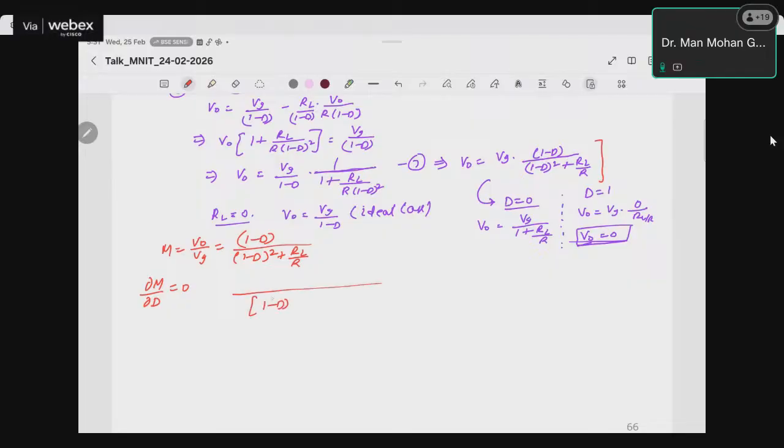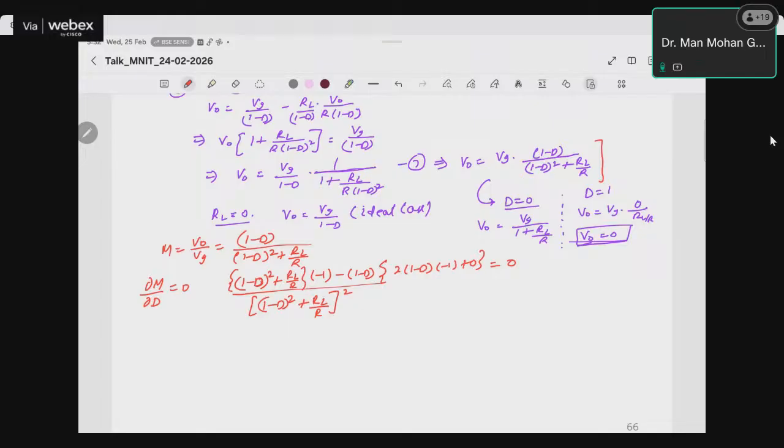So the denominator is 1 minus D square plus RL upon R, whole square. In the numerator, the differentiation of 1 minus D is minus 1, then minus 1 minus D into the differentiation of the bottom term, so 2 into 1 minus D into minus 1 plus 0. That should be equal to 0. So the denominator goes to 0.